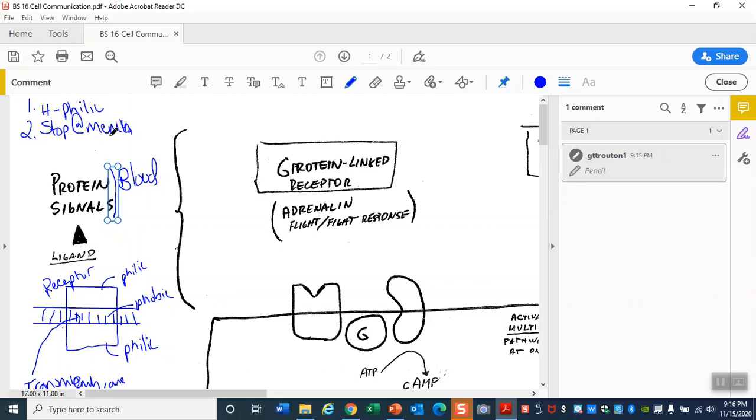So in order to receive a protein ligand, a protein signal, you need a membrane-bound receptor. Right? And we'll talk about this in a second. Let's just make one more note. These are fast and short-lived. So these are very fast, quick responses that, boom, immediately produce a response, and that's it.